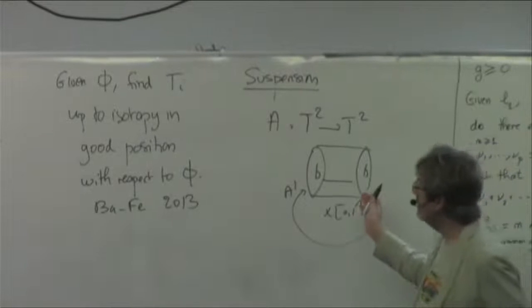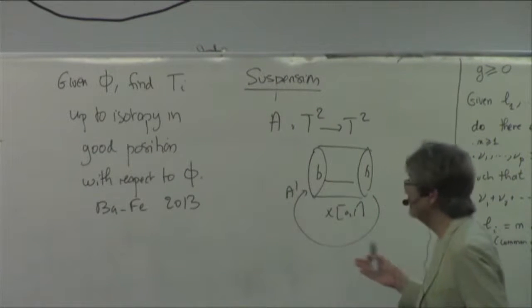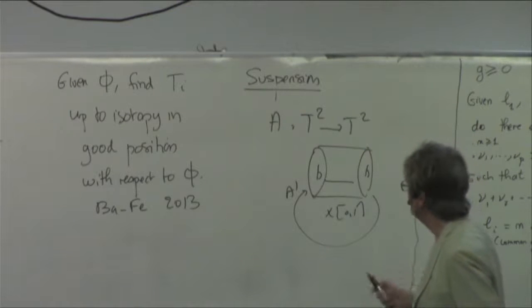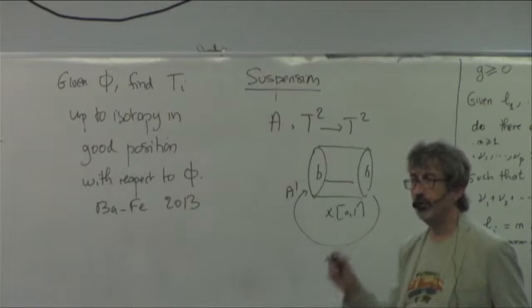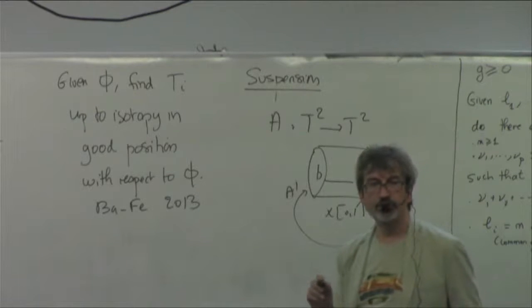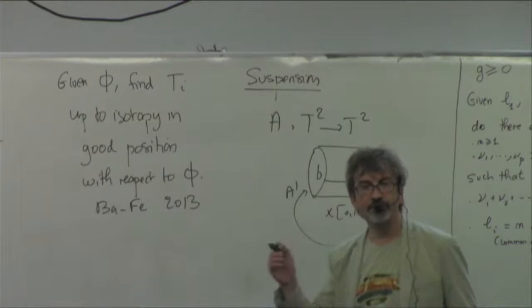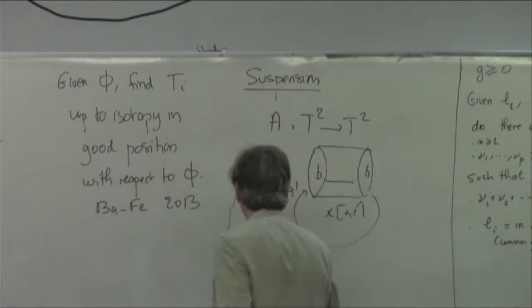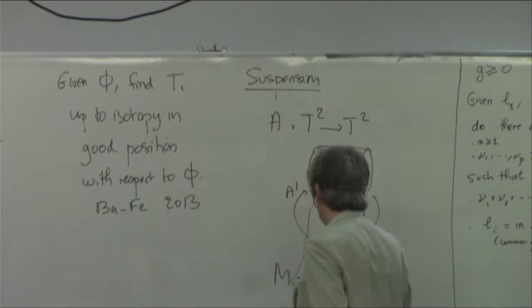There is only one piece of the JSJ decomposition. But this case of suspensions is very special, so from now on I will consider that M is not a torus bundle over the circle.